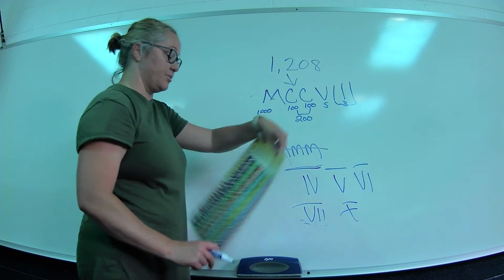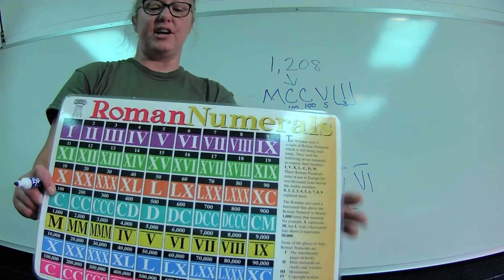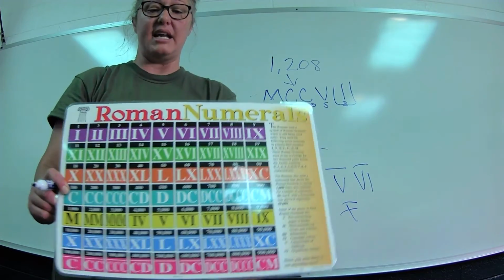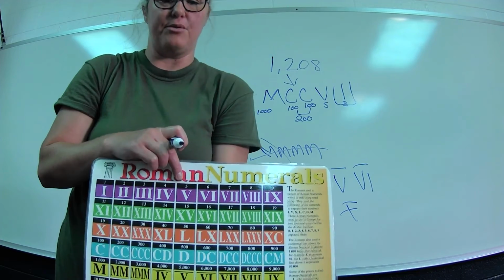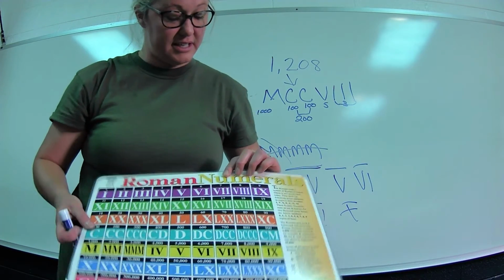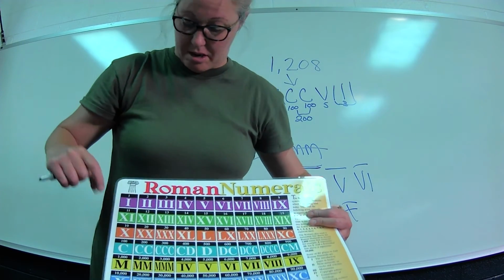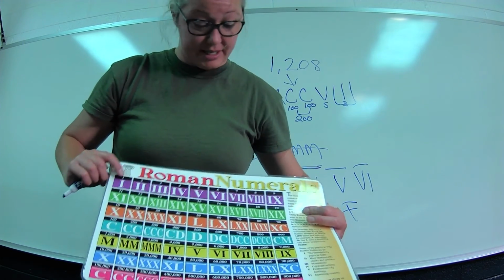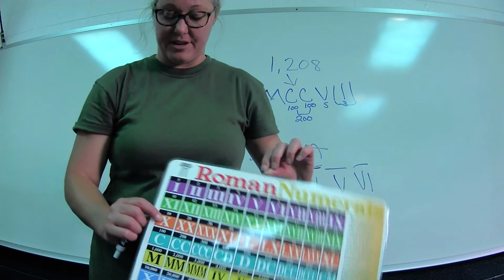The ones to remember, I'll hold this up a little closer so you can see it. It is very important to remember that I equals 1, V equals 5, X equals 10. This one chart doesn't have the 10, but X equals 10. Oh, there it is right there.